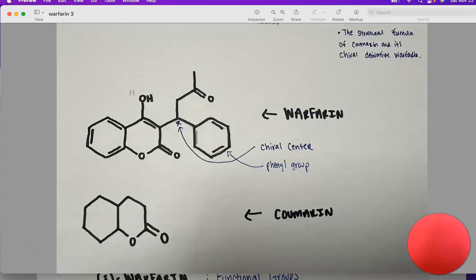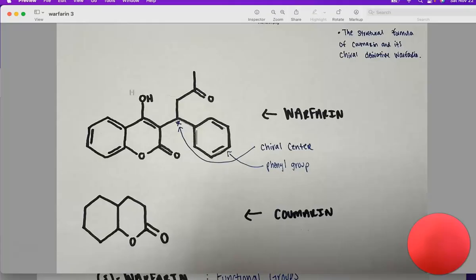So when talking about chiral centers of warfarin, it actually has two, which are located at the 8 and 9 positions. So determining the RS configuration, priorities need to be assigned to each group based on the Cahn-Ingold-Prelog rules.